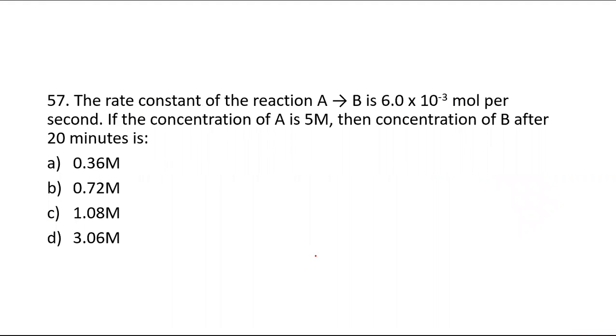The rate constant of A to B is 6.0 into 10 to the power of minus 3 moles per second. If the concentration of A is 5 molar, then what is the concentration of B after 20 minutes? They are asking what happens after 20 minutes.